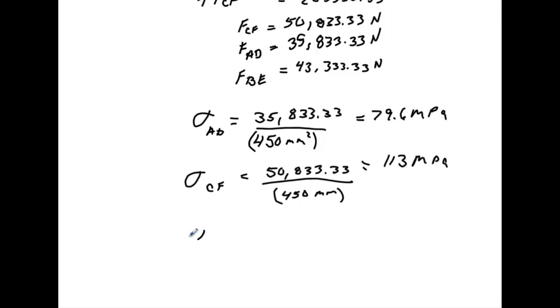And your final one is BE, 43,333.33. Divide that by the cross-sectional area. And again, make sure your units are correct. When I do that, I think I get something like 96.3 megapascals.